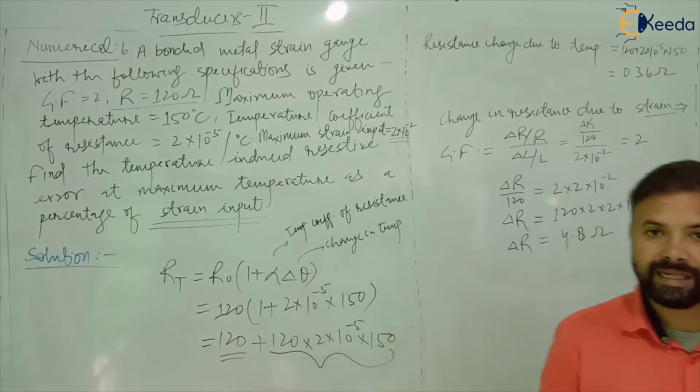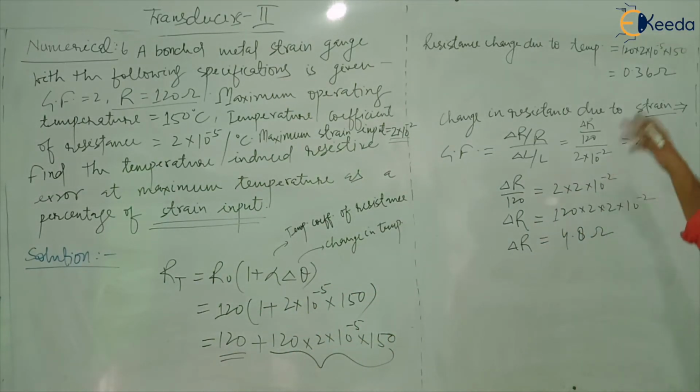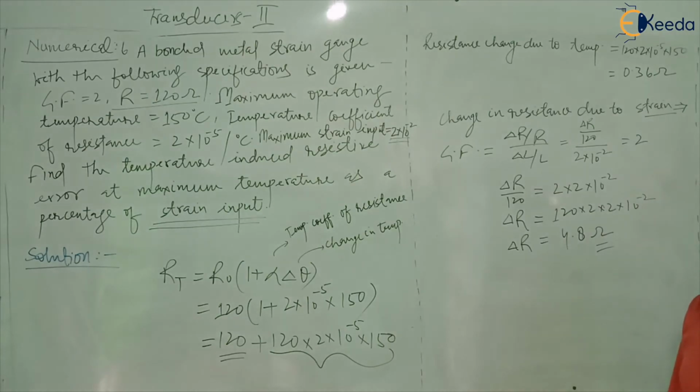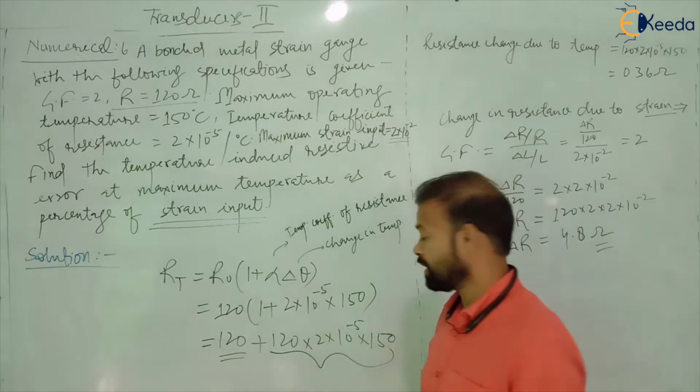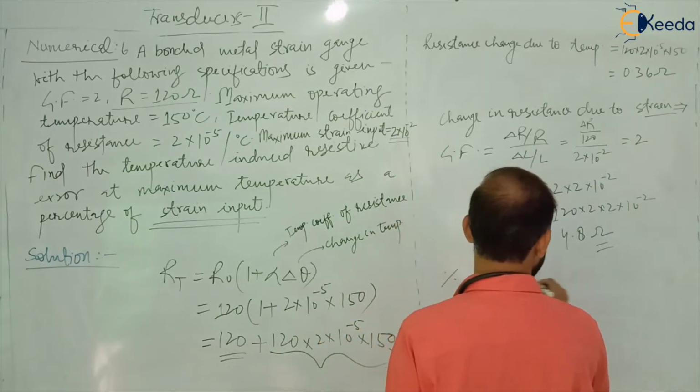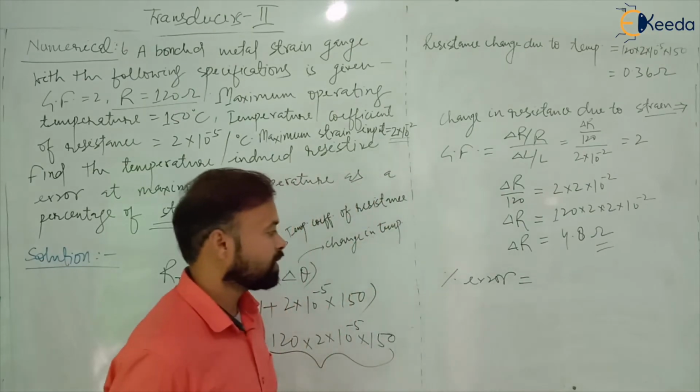Now, percentage error due to change in temperature you have to calculate with respect to the change in resistance due to applied strain. So percentage error you have to calculate here.